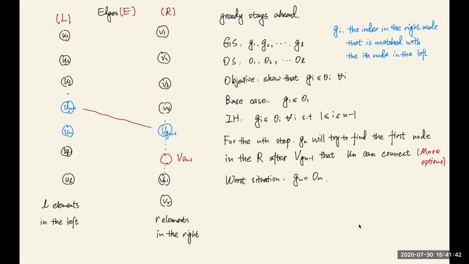A matching is a set of edges where no two edges share a common vertex. So this is okay, but this is not okay. This is not a matching because these two edges share a single common vertex.